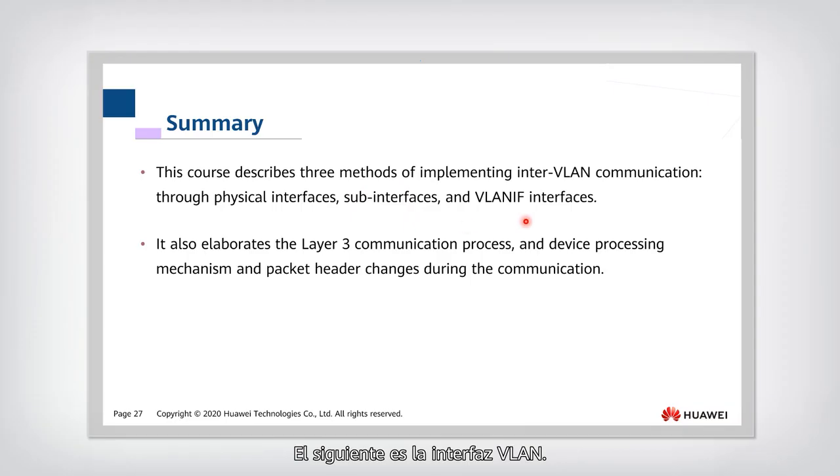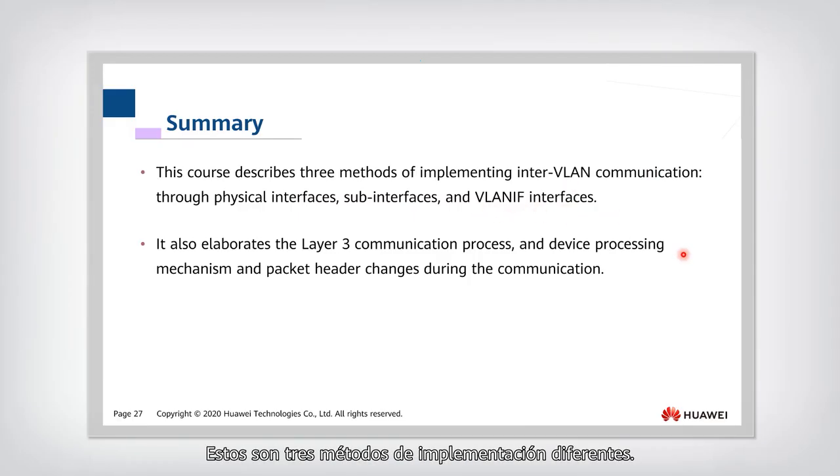And the next one is the VLAN interface. This VLAN interface is in the layer 3 switch instead of the layer 3 router. So we can use only the layer 3 switch to do the inter-VLAN communication by configuring several VLAN interfaces connected with different VLANs.